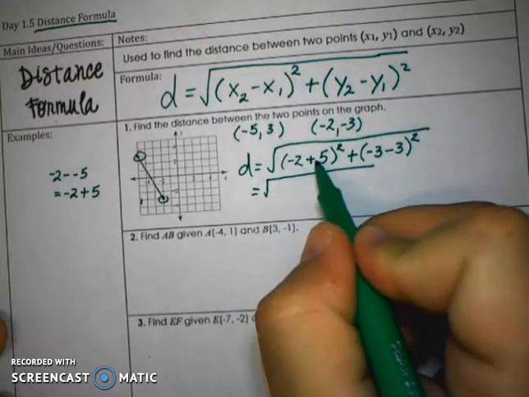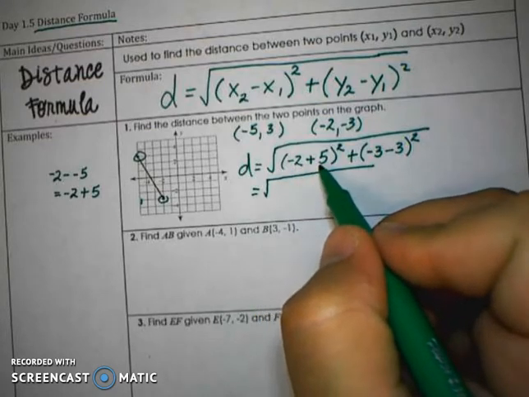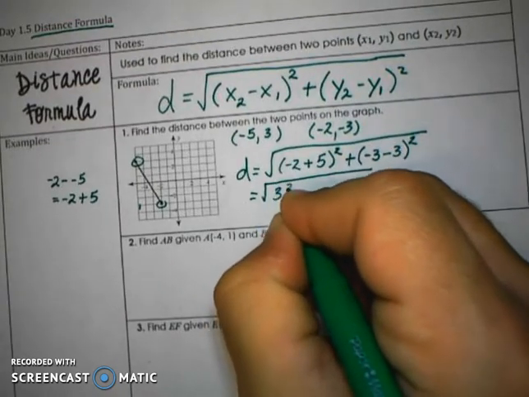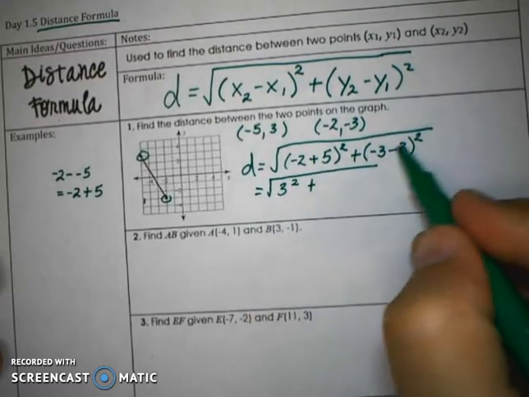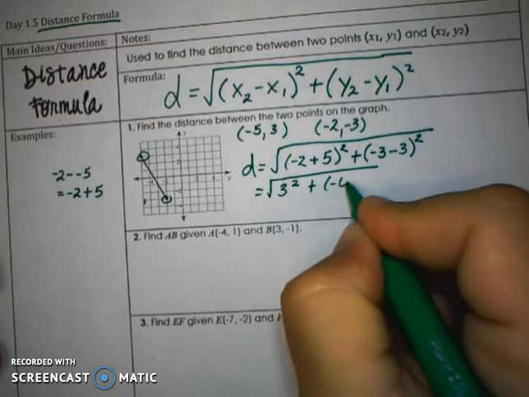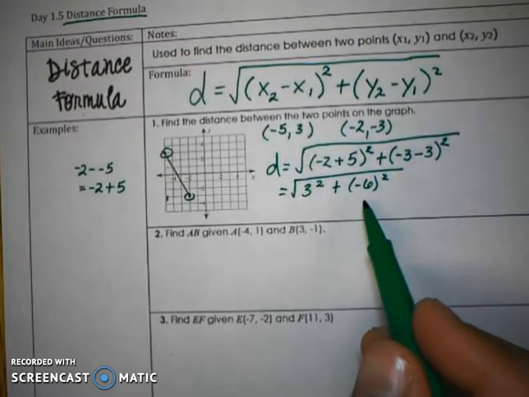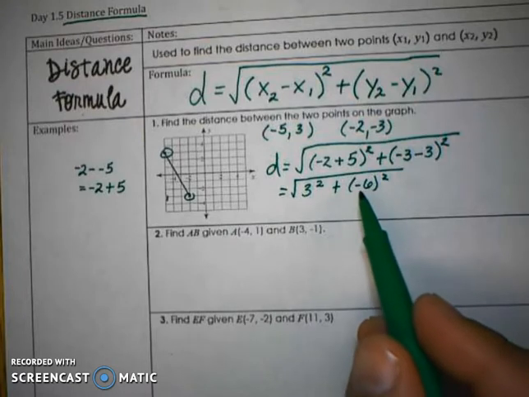We're going to write -2 plus 5. Instead of that, we're going to go ahead and do that math. -2 plus 5 is +3, so that's a +3 squared. And then -3 minus 3 is -6, so that's a -6 squared. You need to write it this way because I really want you to make sure you don't end up getting the wrong number here.